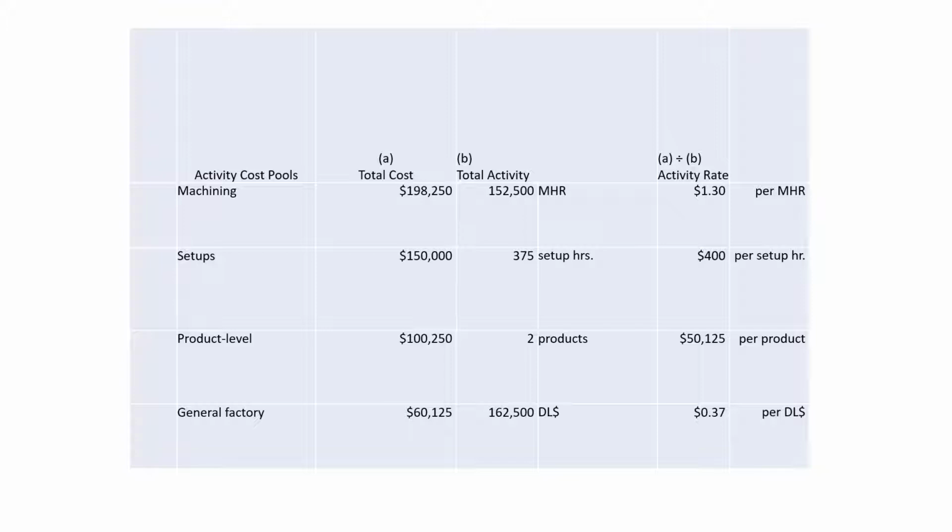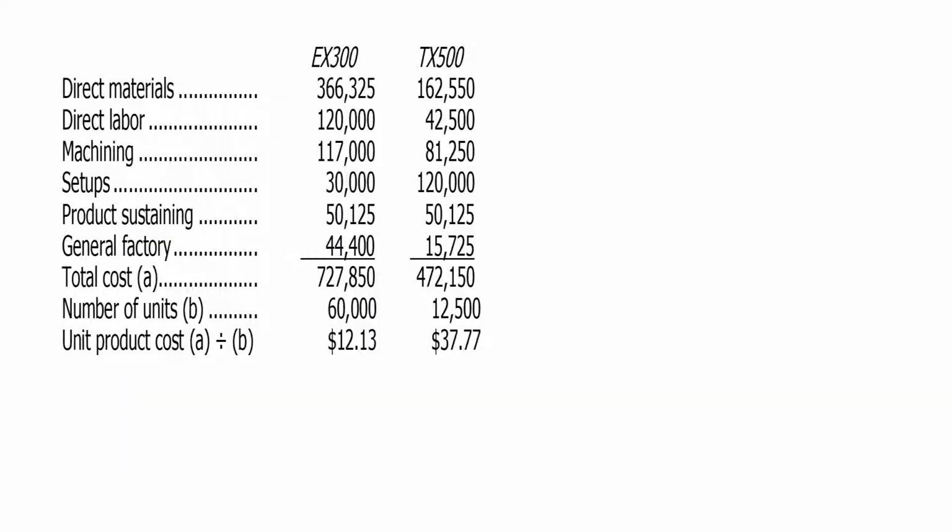Okay. Now, how much overhead and total product costs would there be for each of these products? Let's start with EX300. Direct materials, 366,325. That's given. Direct labor, $120,000. That's given.